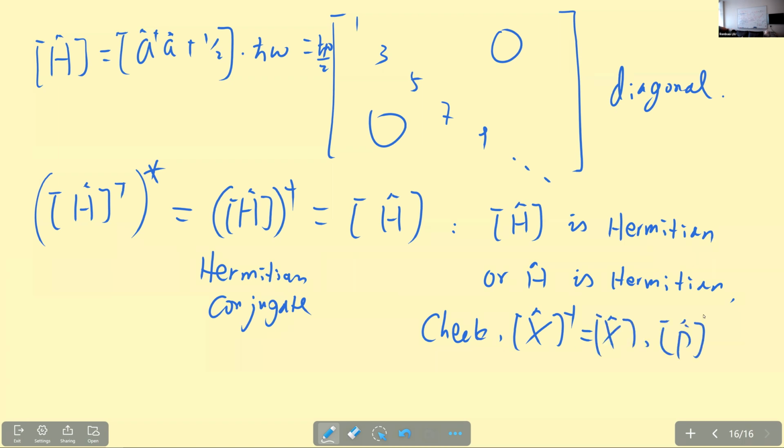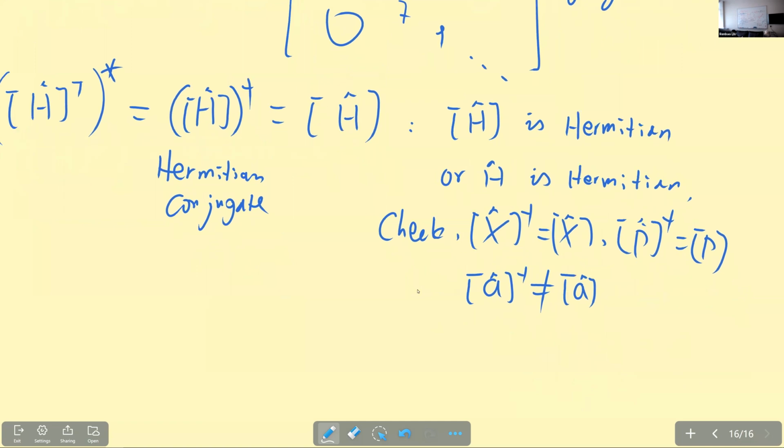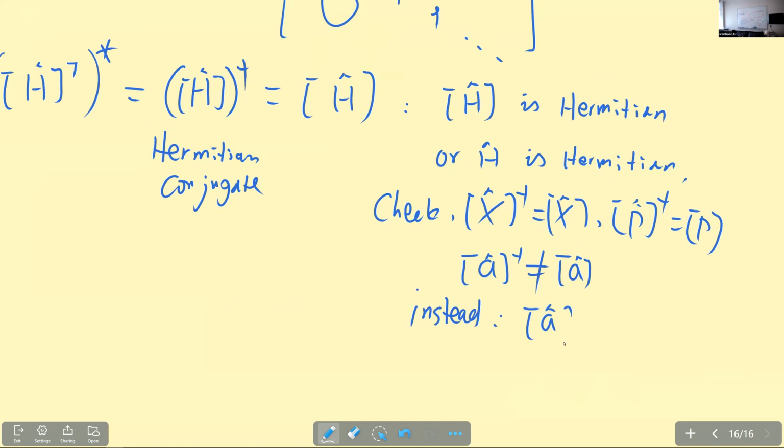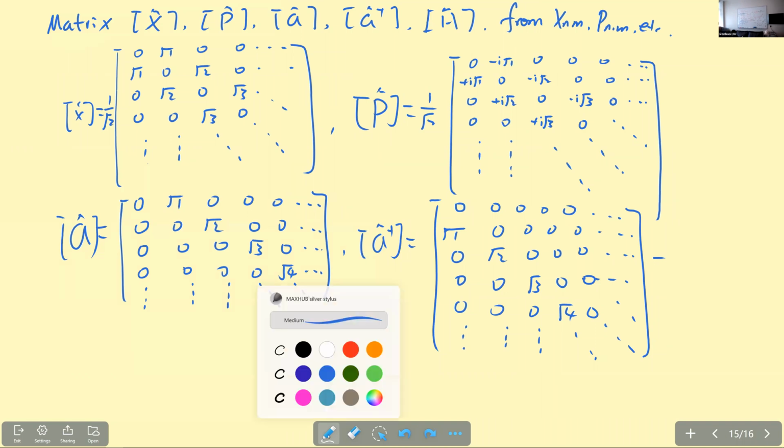The same holds for the momentum operators. But for these raising and lowering operators, they do not satisfy this. Instead, you have this one equal to this one. You can go back and check the matrix.